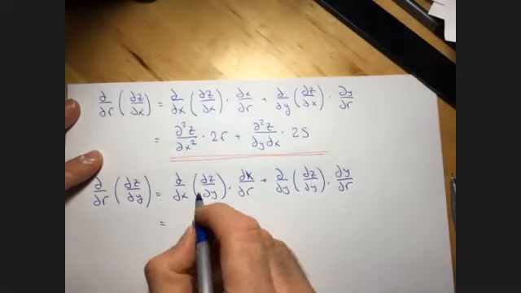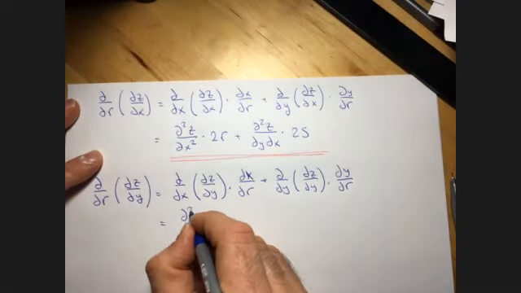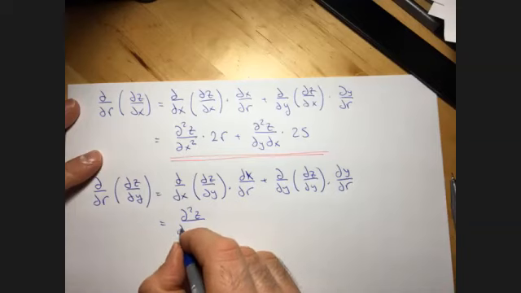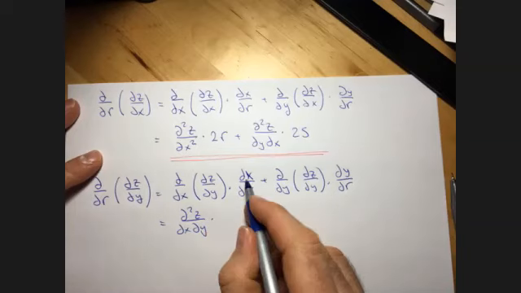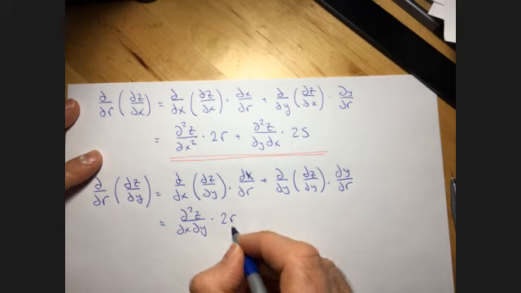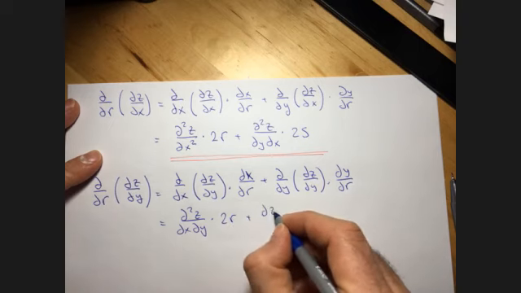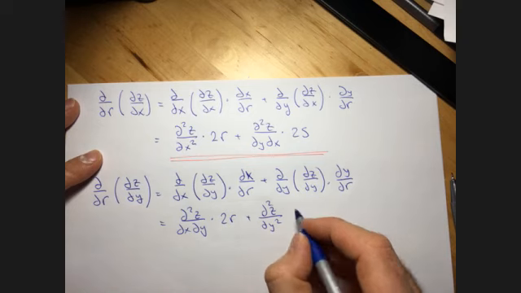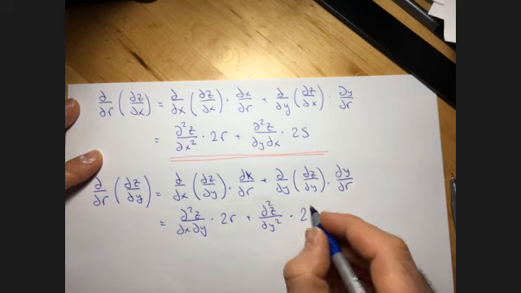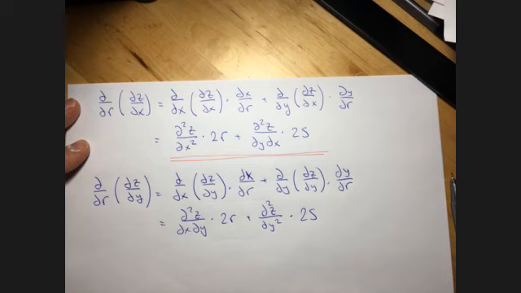Now that's equal to the second order partial mixed derivative times partial x partial r, which was 2r, plus the second order partial derivative with respect to y times partial y partial r, which was 2s. Okay.